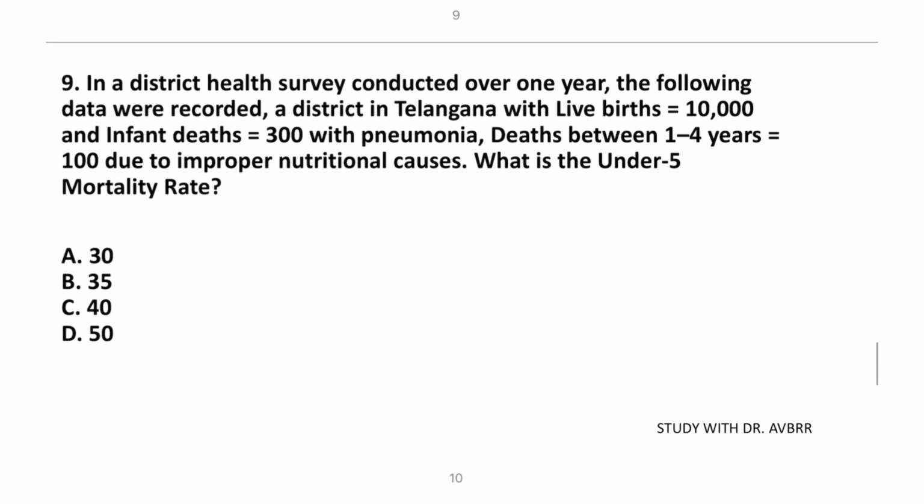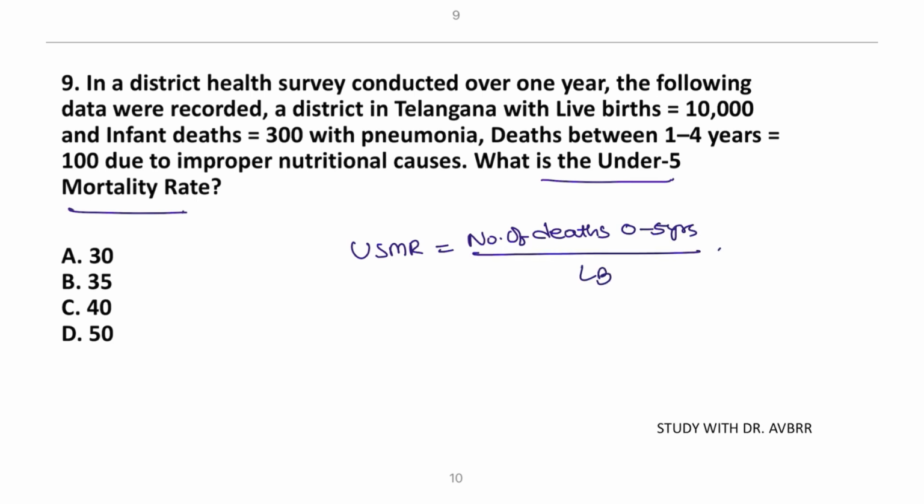Okay, next, sorry, this is the 9th one. Under 5 mortality rate. So what we discussed: under 5 mortality rate is the number of deaths in children aged 0 to 5 years over total live births, into 1000.